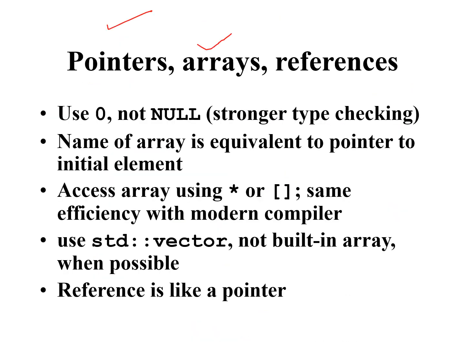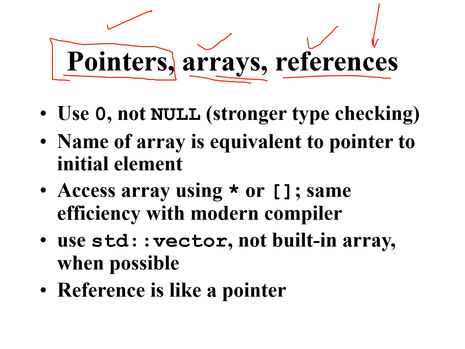So here come three important topics: pointers, arrays, and references. Pointers are considered one of the biggest topics in C++. Then arrays are also a very important topic. And references are another one of the most used things in the C++ language.